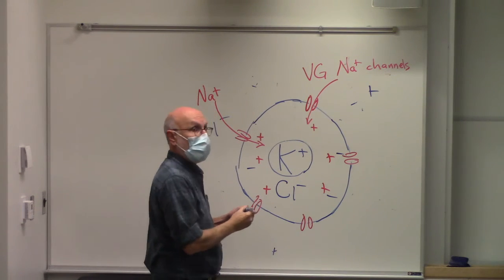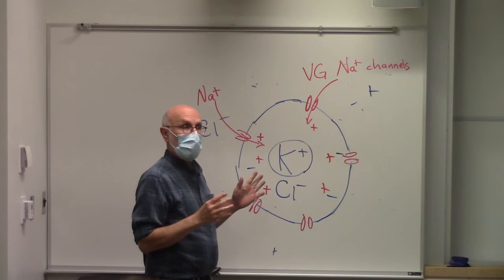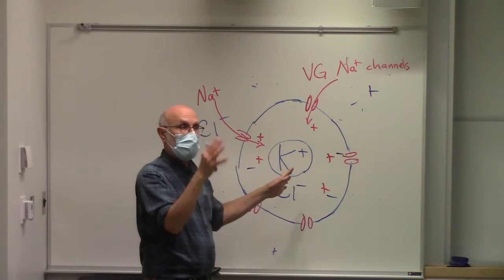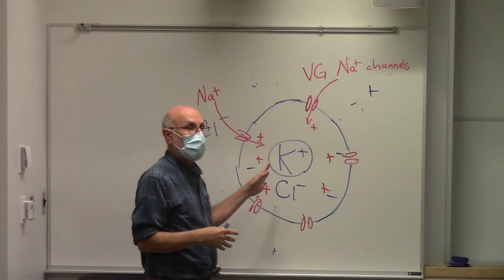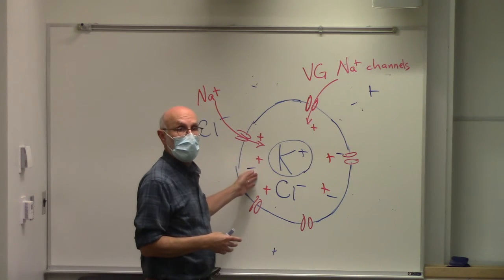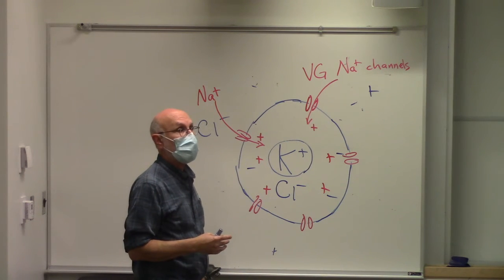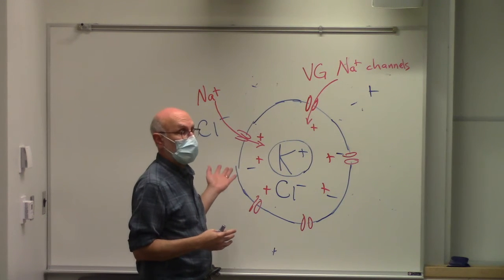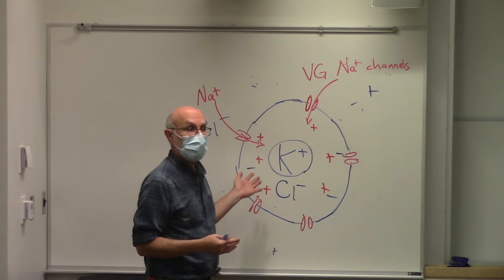Okay, so we've now opened the sodium channels and triggered this positive feedback loop that happens very fast and depolarizes the cell. And let's be clear, this could be a muscle cell, a heart muscle cell, a skeletal muscle cell, or a neuron.